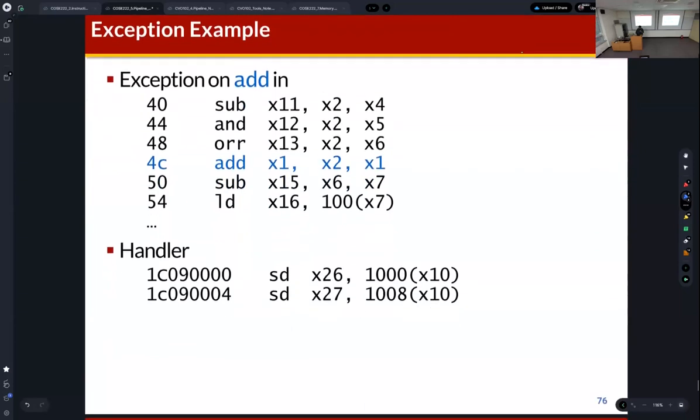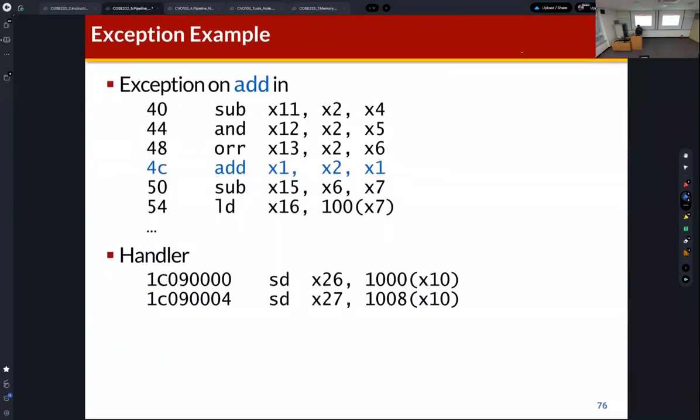Okay, so this is an exception example. As you can see, this is the program counter, and then you can find the instructions. Let us assume that the exception is detected for this add instruction.